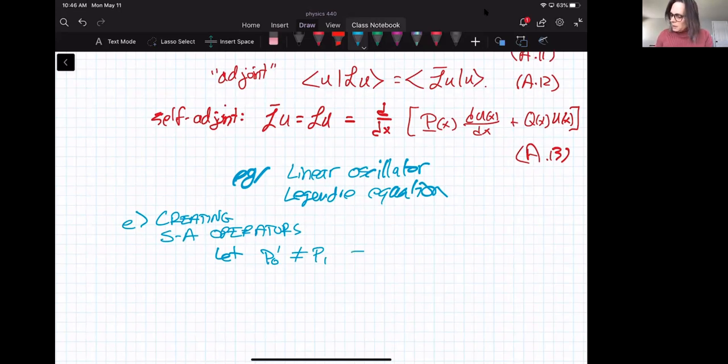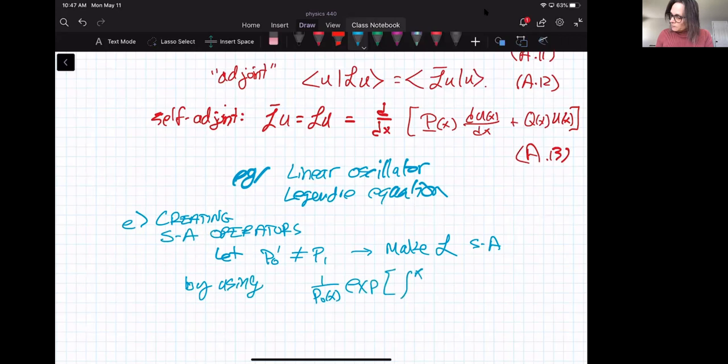We can make L self-adjoint by multiplying by a factor 1 over P0 of x times e to the integral over x of P1 of x prime over P0 of x prime dx prime.